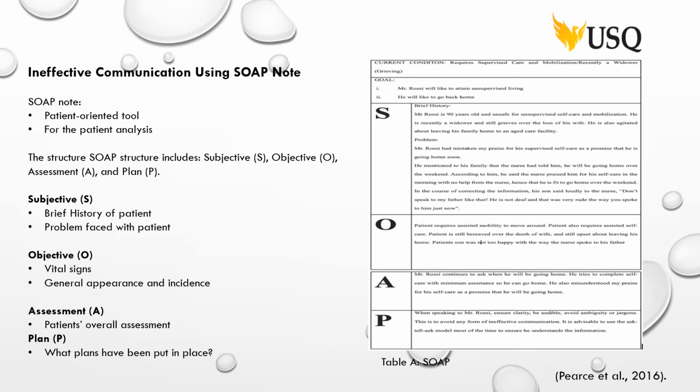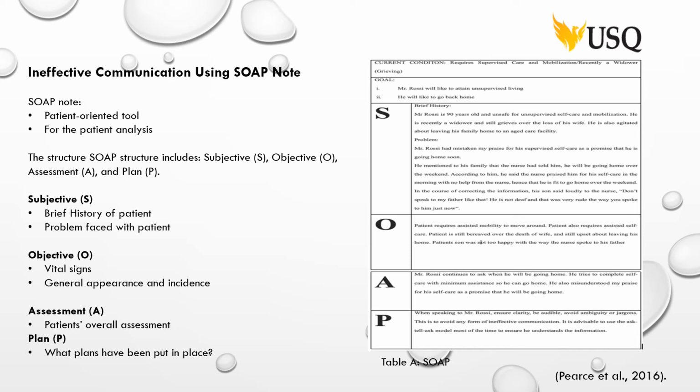Before this, we shall be looking at the patient's current condition. Mr. Rossi requires supervised care and mobilization. He's also recently a widower who is still grieving over the loss of his wife. His goals are to attain unsupervised living and most likely to go back home.